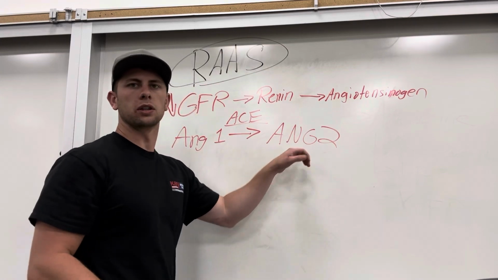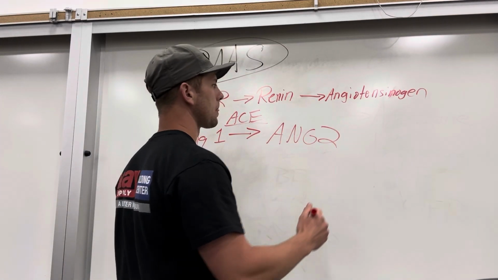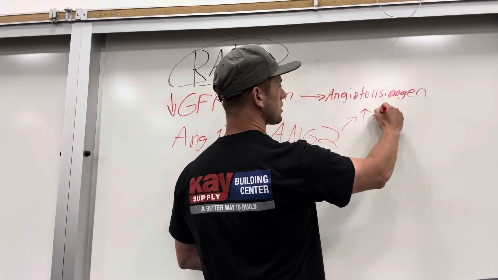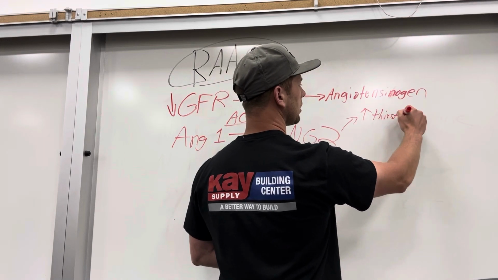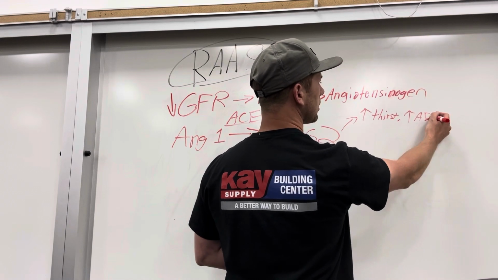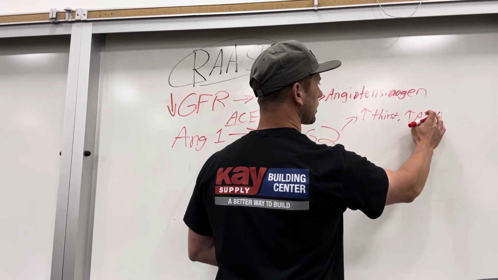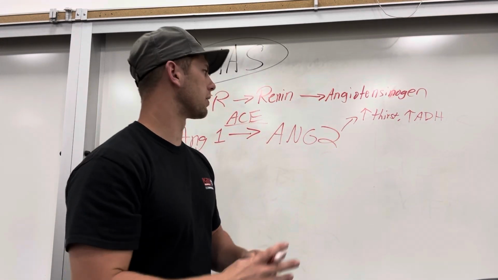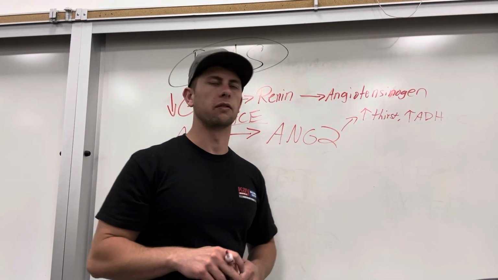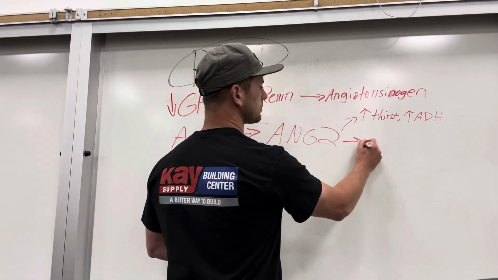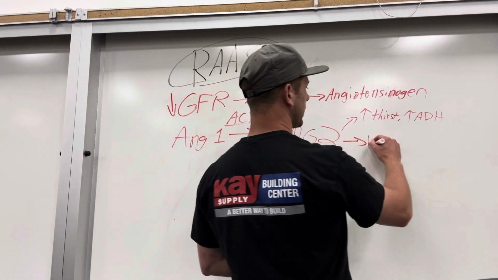And Ang2 can do a bunch of different things. Very cool. It can send a signal to the brain to increase thirst and increase ADH, or release ADH, antidiuretic hormone. So we're going to want to hold on to the water, and with thirst, we'll drink water, so it increases blood volume, which will increase blood pressure.